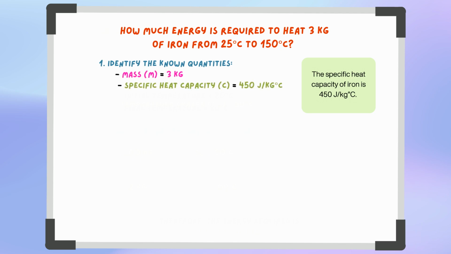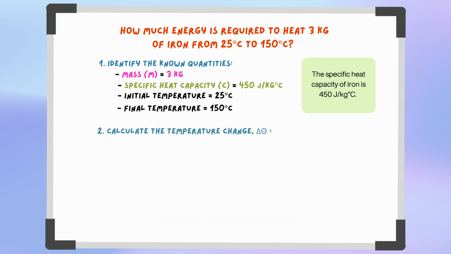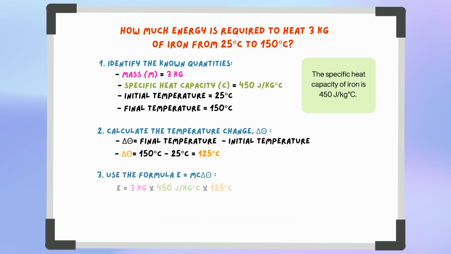Specific heat capacity equals 450 joules per kilogram degrees C. Initial temperature equals 25 degrees C, and the final temperature equals 150 degrees C. Now calculate the temperature change, delta theta, by carrying out final temperature minus the initial temperature. This leaves us with 125 degrees C. Now use the formula. E equals 3 kilograms times 450 joules per kilogram degrees C times 125 degrees C.